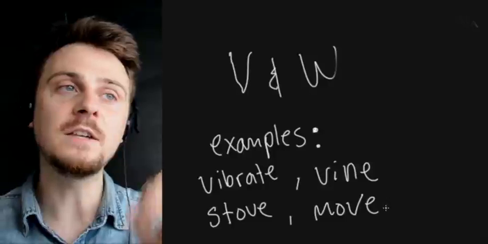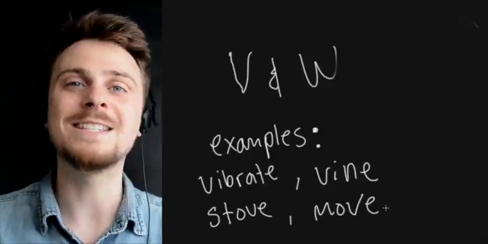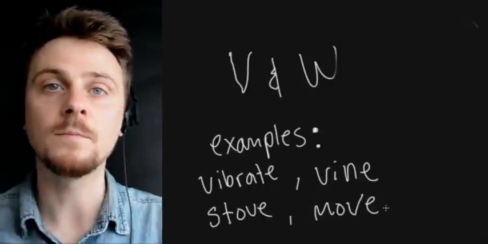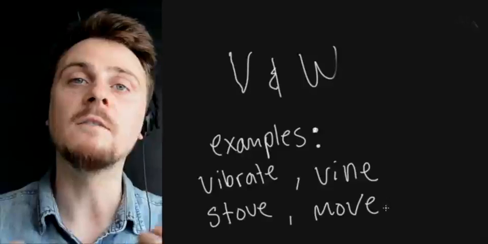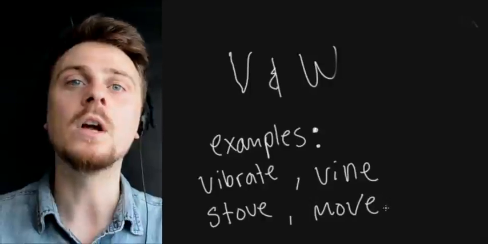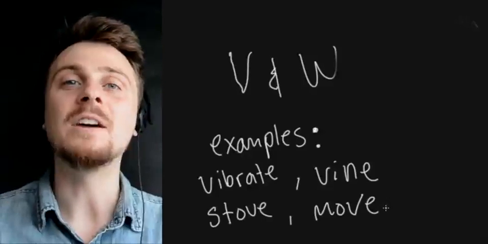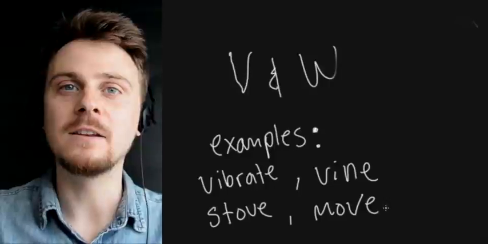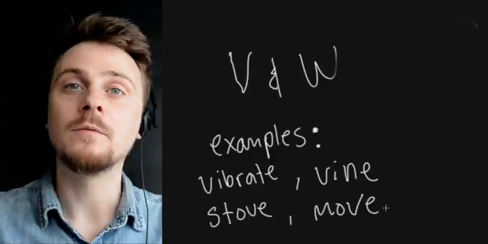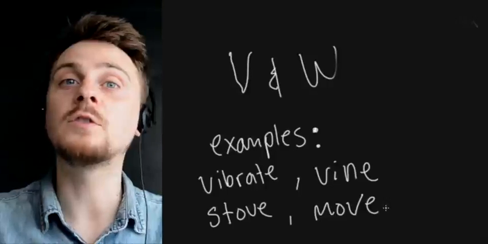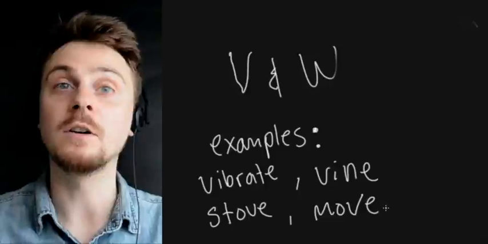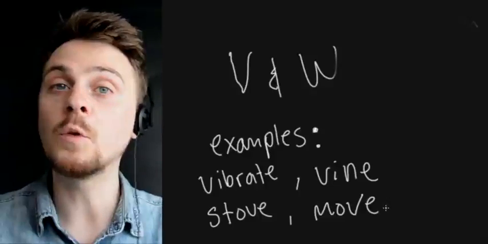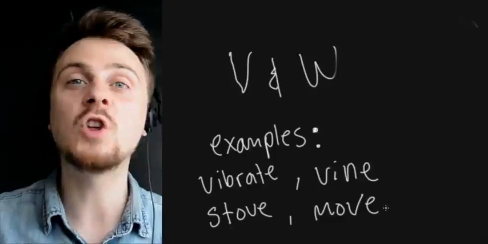Now, notice in this one, the V sound is the last sound of the word. Say a one syllable word, and the V is the end of the word. So I don't add an extra vowel sound at the end. It's the last sound, right? So be careful not to add an extra sound after the V. So you don't want to say "stove-uh."